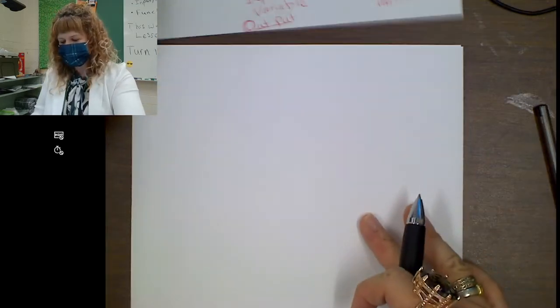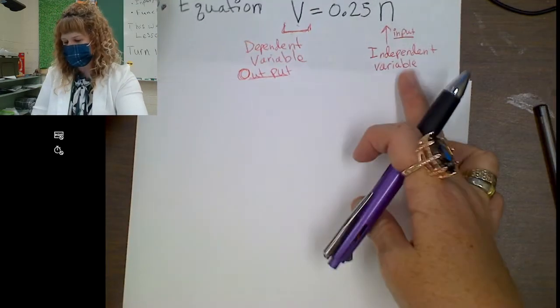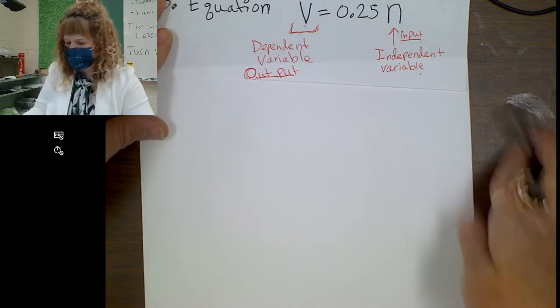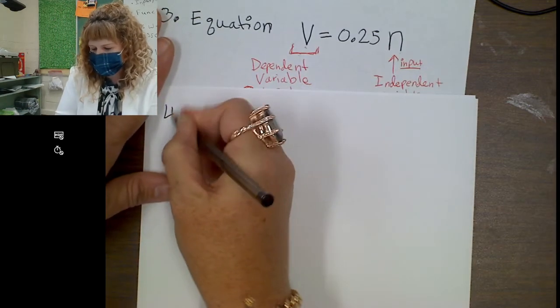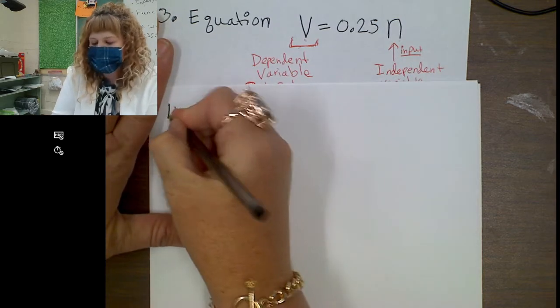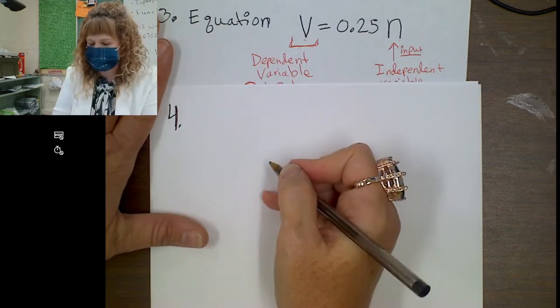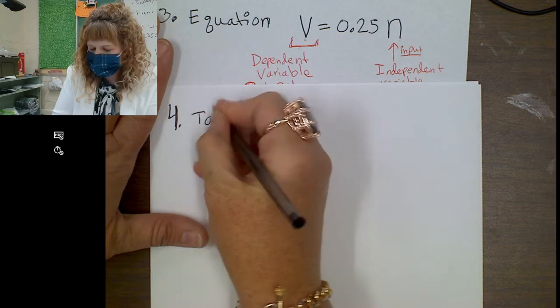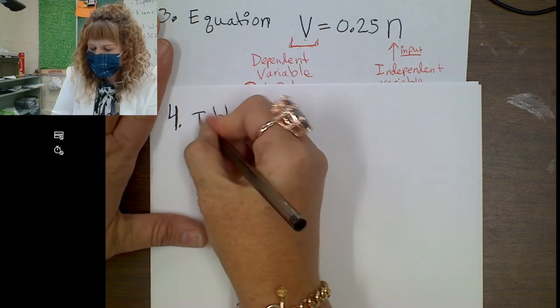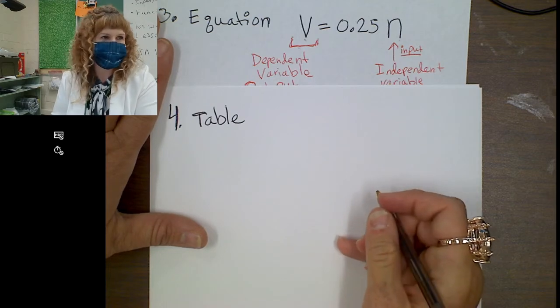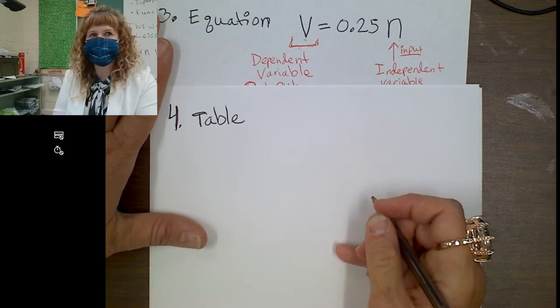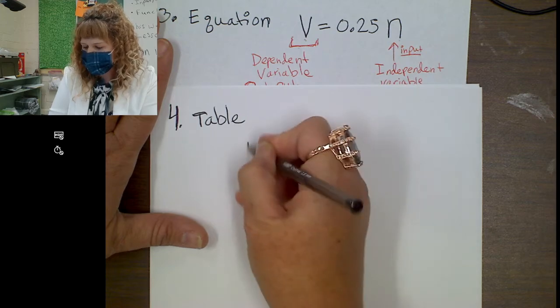Okay, the fourth way to represent a function is with a table, and you've done this many times. But I want to show it one more time with dependent variable and independent variable. So here is a table. And we've already called this a table of ordered pairs or an input-output table.